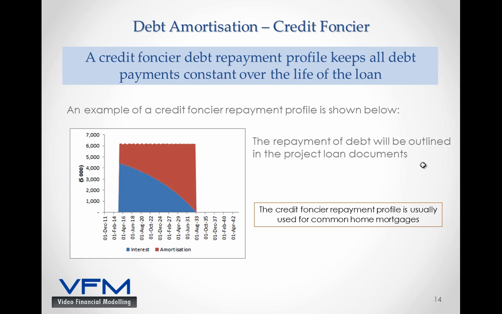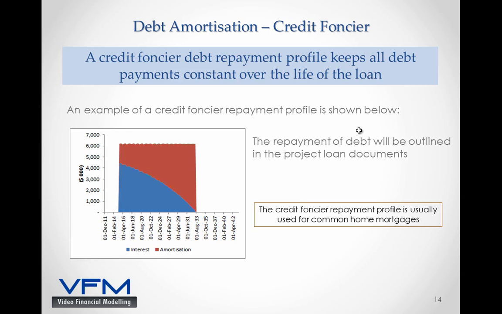Because the principal balance is high at the very start, usually you're going to pay a lot more interest. But as you pay down your house, the principal balance will go down, your interest will start to decrease, and you'll start paying more principal. Once again, the repayment profile is always contained in the debt documents.